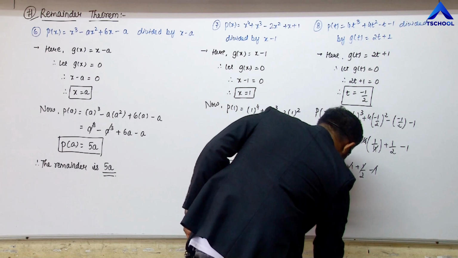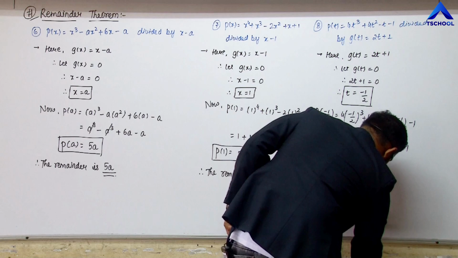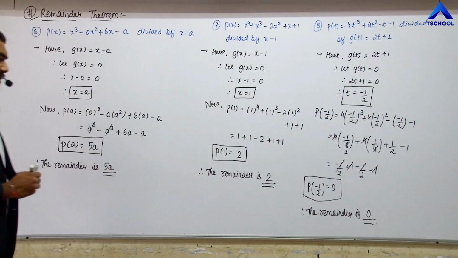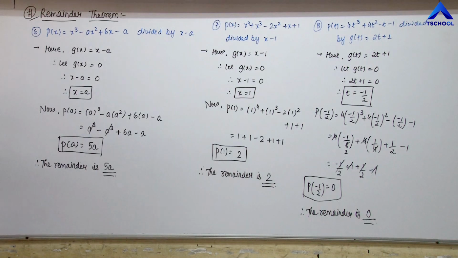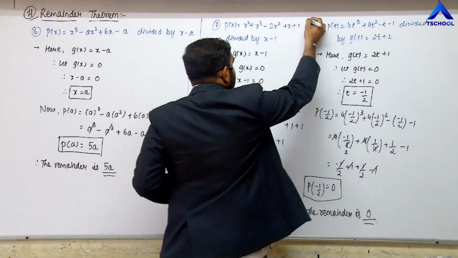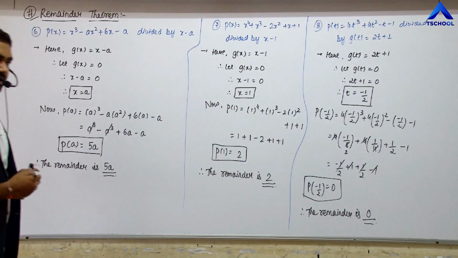Therefore the remainder is 0. Okay friends, so this is how you can find the remainder using the remainder theorem.